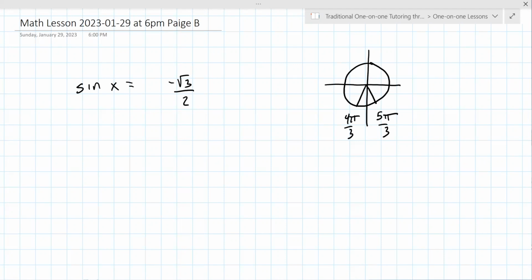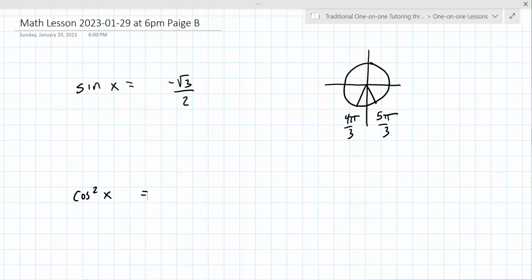So one of the ones that you will see is something like cosine squared x equals 1/4. No, sorry, why is this not making sense here?